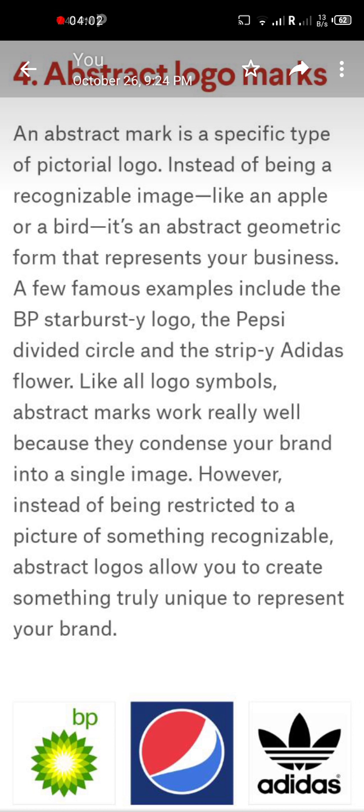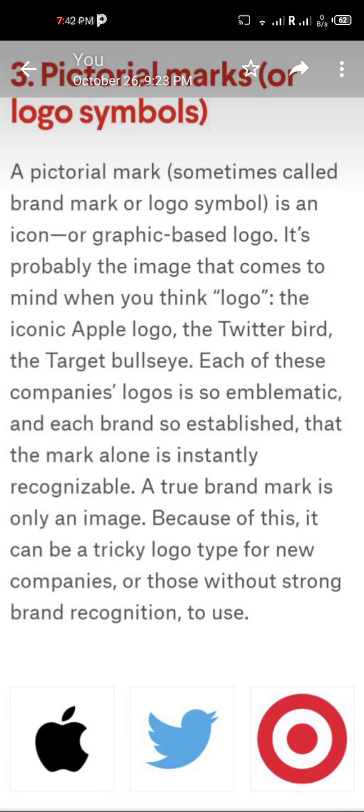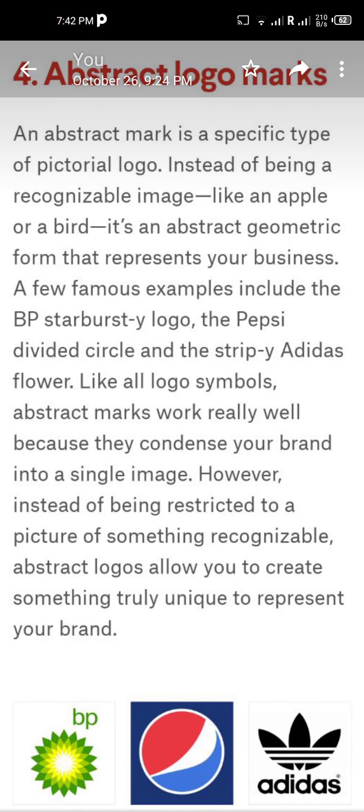But if on the other hand, what you did was just draw out a dolphin for them, then that is a pictorial logo, since anybody seeing the logo knows that this is a dolphin. But logos like Pepsi, Adidas, BP, which have no meaning when you see them, we call them abstract logos.